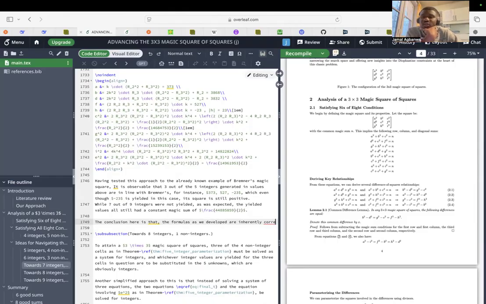But these formulas we developed are interesting in their own way. It's interesting because it doesn't give us the expected results, but it still doesn't fail in its correctness.